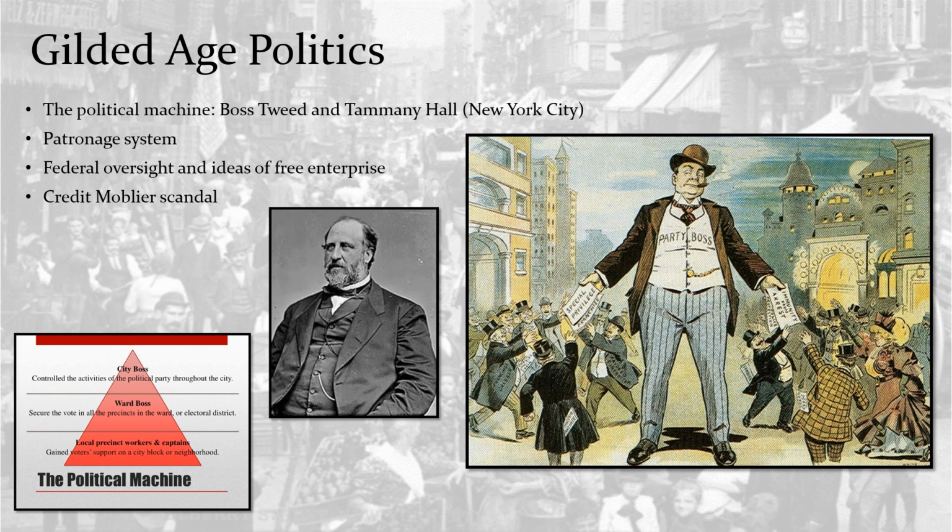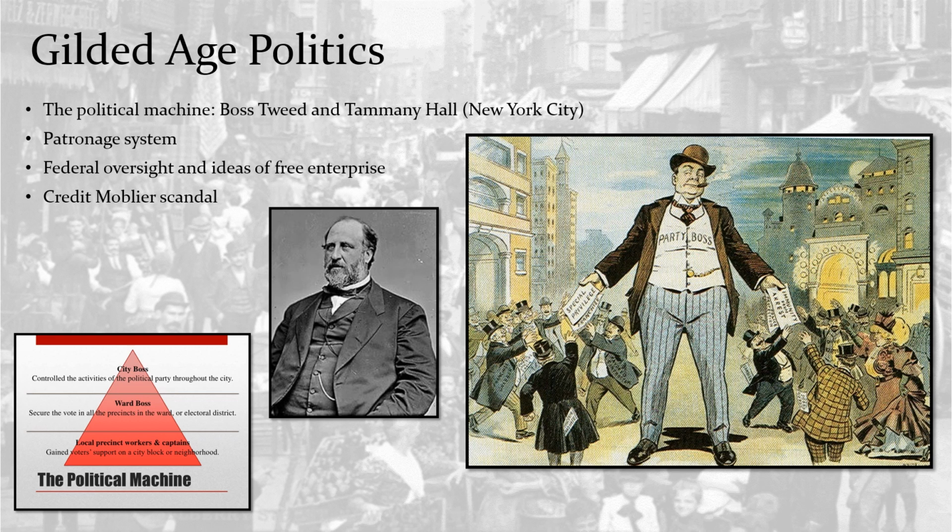In terms of federal oversight and ideas of free enterprise, there is a separation between what people see as federal oversight versus free enterprise. Government would allow for, let's say, a trust to be busted up, but if you tried to come in and regulate a company and tell them what to do, that was seen as an overextension of federal oversight.